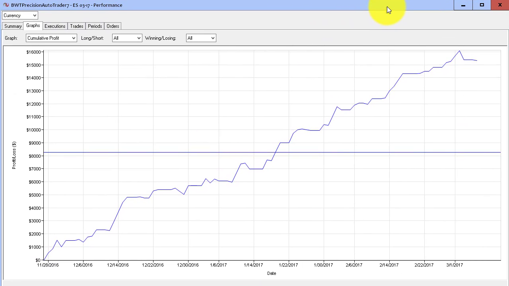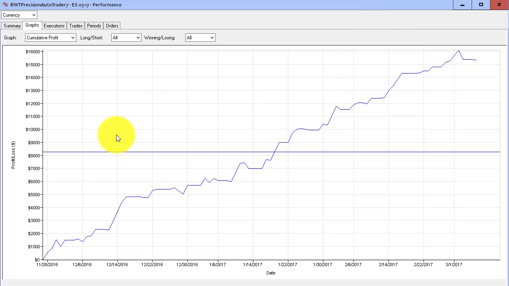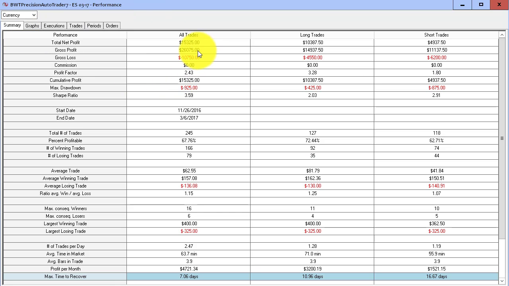So here is our equity graph, and we have a really nice equity graph. It's showing hypothetically that we made 16,000. This is only 2 contracts in 90 days. This is going back about 100 days, so a little better than 3 months. 16,000 in profit. Here's the summary.